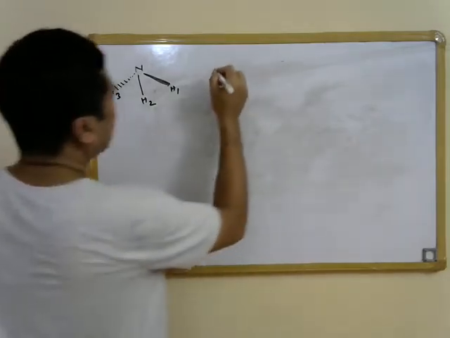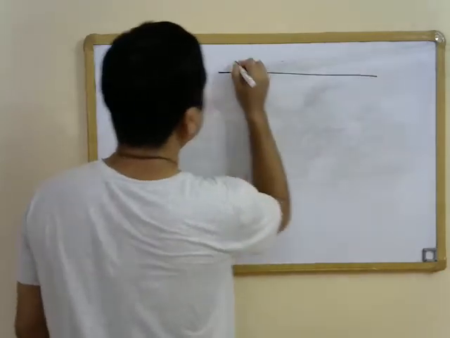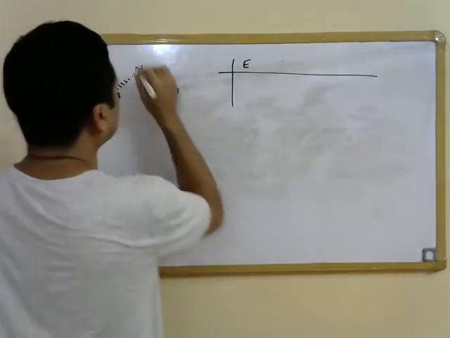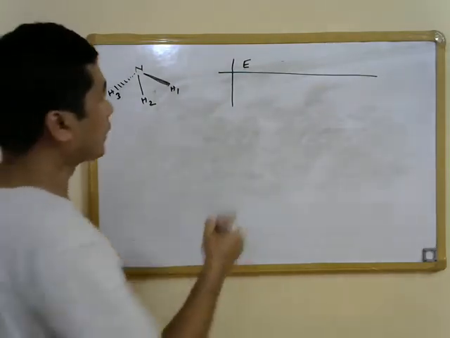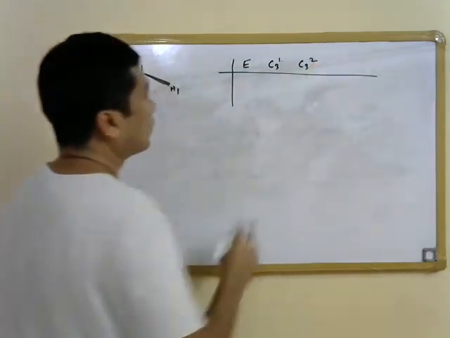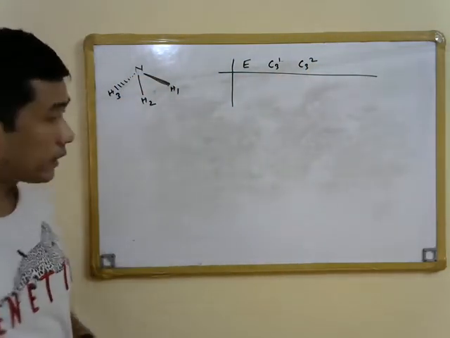Now we know that there are different symmetry operations. The first is the identity operation. Then we have a C3 axis of symmetry in the ammonia molecule, and there are two symmetry operations, C31 and C32. These are generated by the C3 axis of symmetry, which passes through the nitrogen atom here.